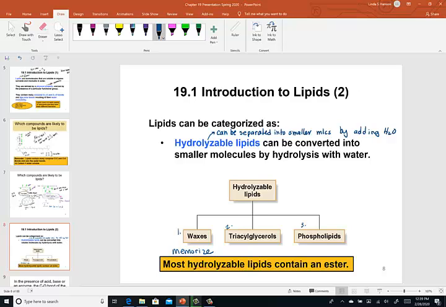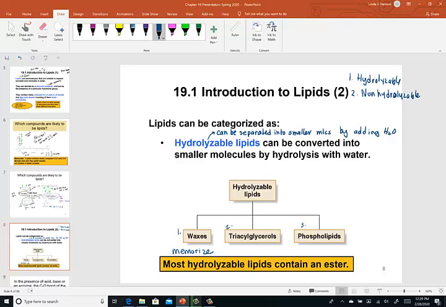Right now, we're recognizing lipids can be classified in two different ways. We can see them as hydrolyzable, and the second will be non-hydrolyzable.